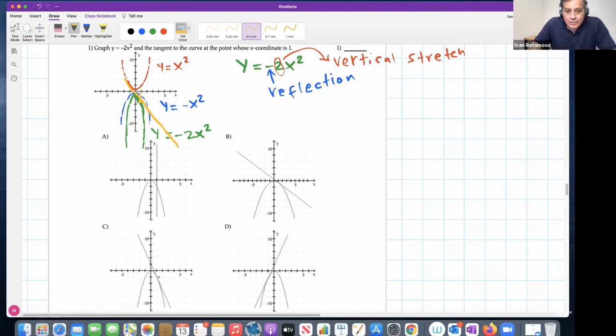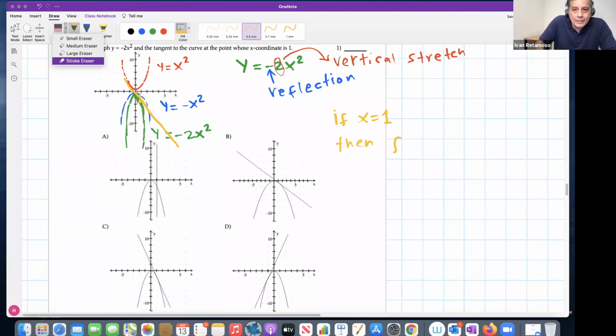Whenever you're not sure, try to see where this value of x equal 1 is going to take you as output y. If x is equal to 1, what should be the output value? Let's put it into our function. Then y evaluated at 1 should be, following this function, minus 2 times 1 squared, right?